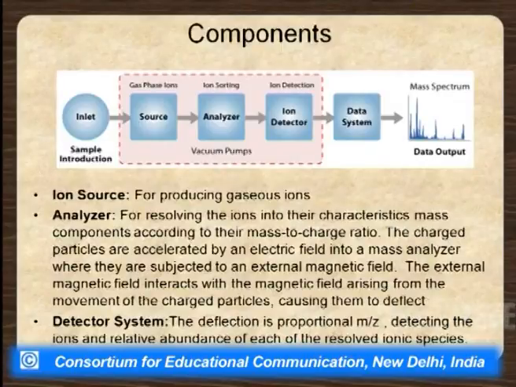They will be deflected to different extents depending on their mass to charge and the amount of magnetic field created by each of them. They will be detected by the detector system, and the deflection, which is proportional to the m by z, will be detected, and the relative abundance of each type of ionic species can be resolved.